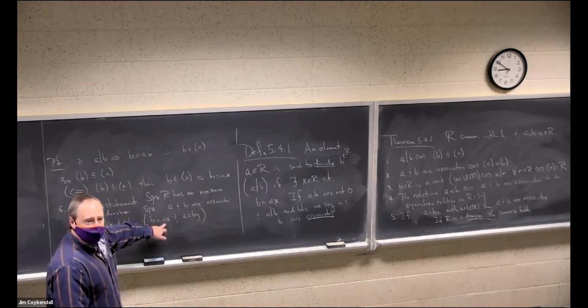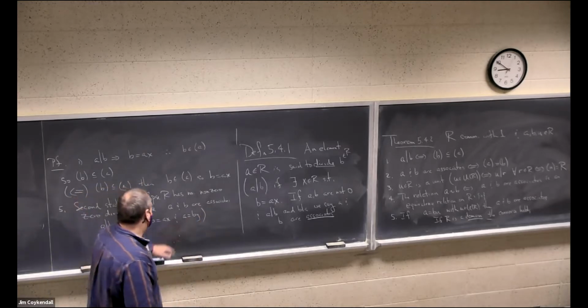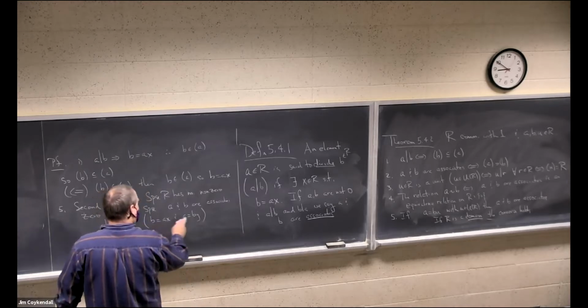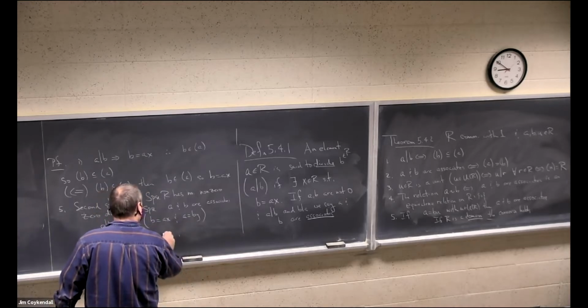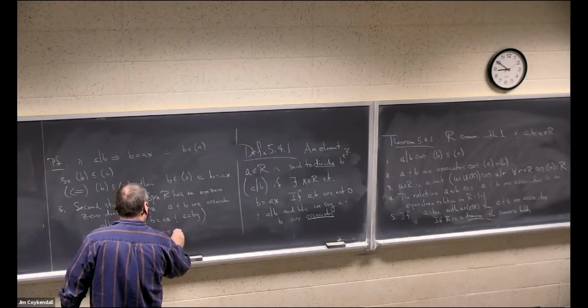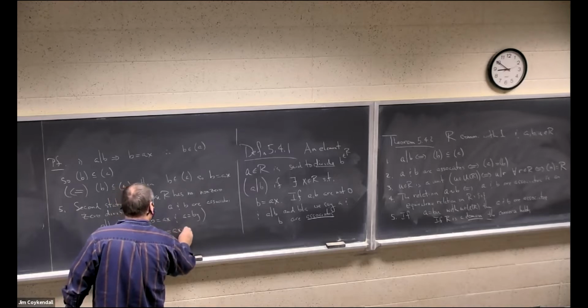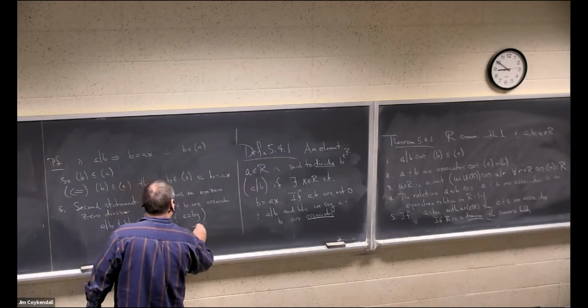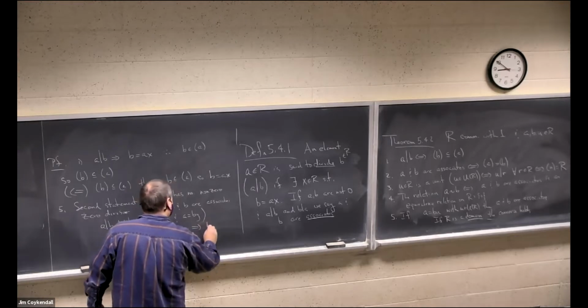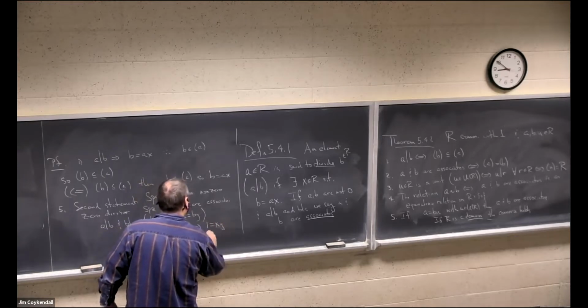The first statement is A divides B, and the second one is B divides A. Replacing B by this, I get A equals AXY, which implies 1 equals XY.